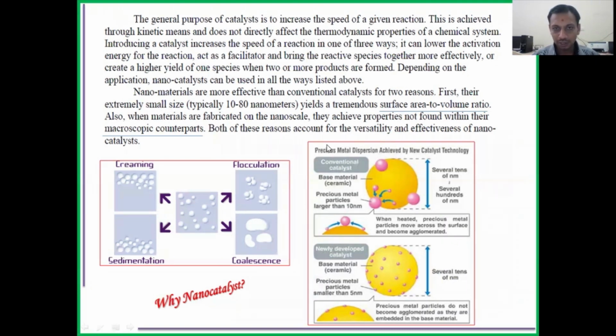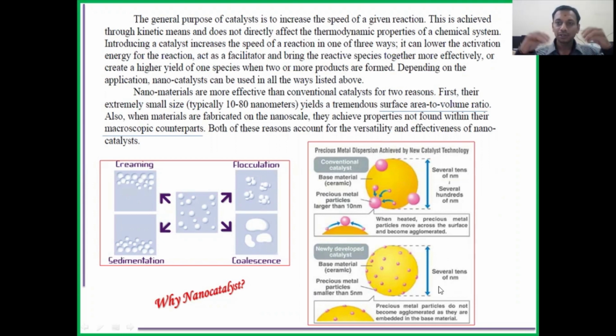You can see here the conventional catalysts were there, people were using steel also, but by using this newly developed catalyst, the base material with a high surface area support, we can get very good dispersion of nanoparticles on the support. Why nanocatalyst? Because of this reason.